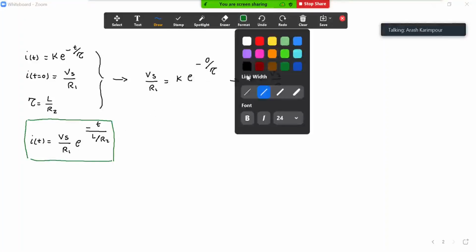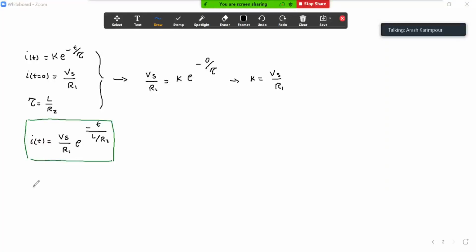If you want to know the voltage in the discharging condition, we know that the voltage across the inductor is L times di over dt. So you can simply take the inductance times the derivative of this term, d over dt of Vs over R1 e to the power of negative t over L over R2.